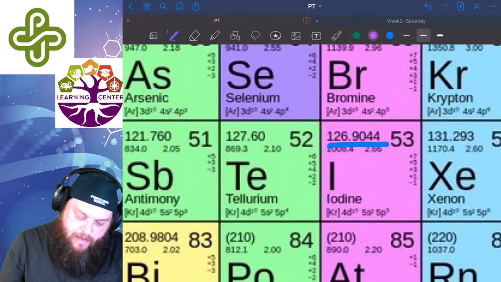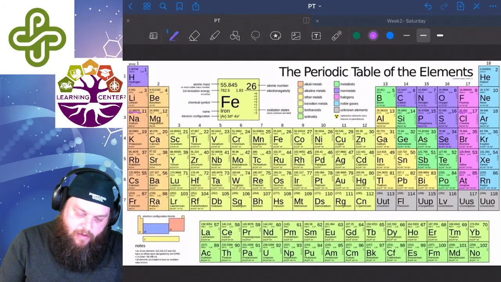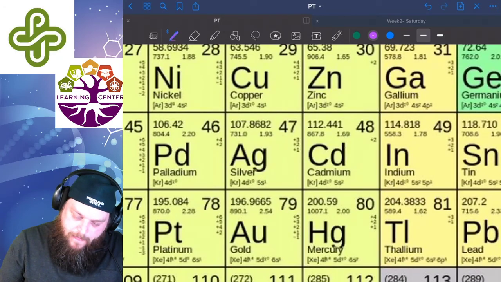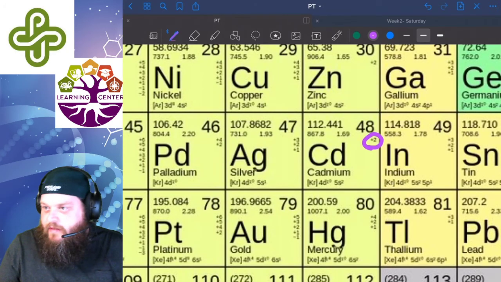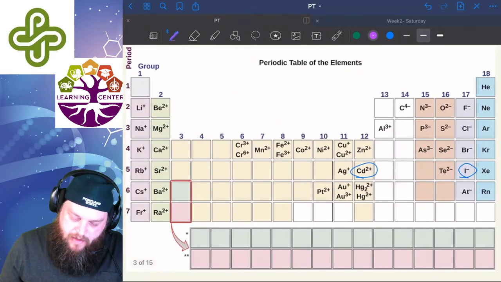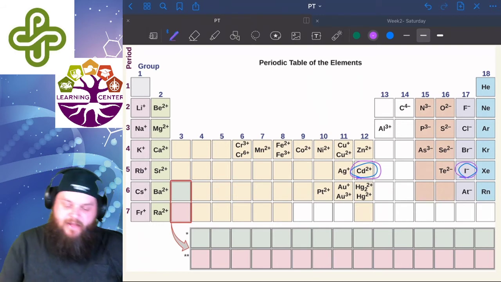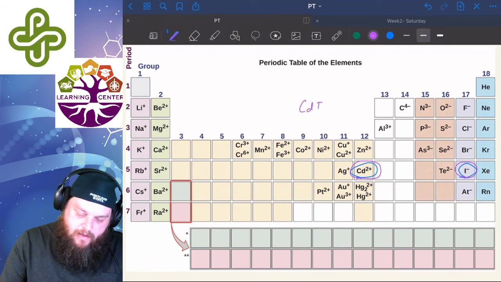If I hop back over to my periodic table and think about the common ionizations of cadmium, there's a +2, really small on this one right here. So that's the main ionization state. I can also jump over to this table: cadmium is +2, iodine is -1. That means it has to be CdI2.